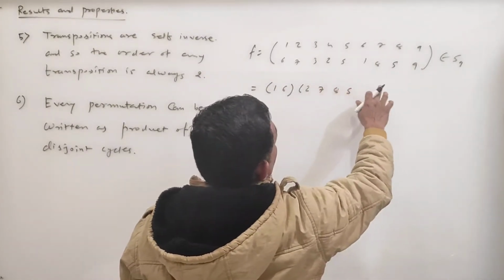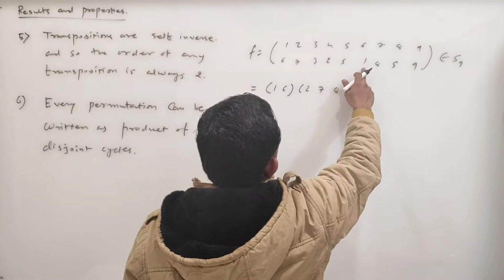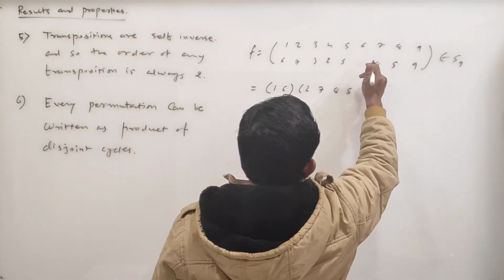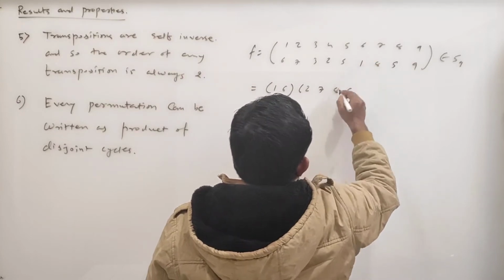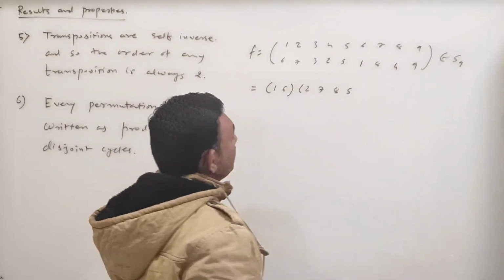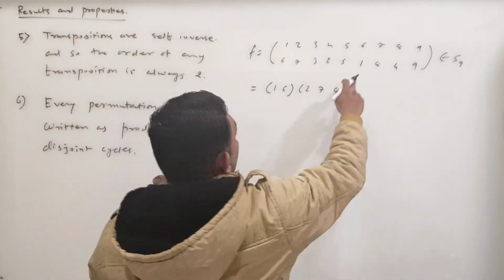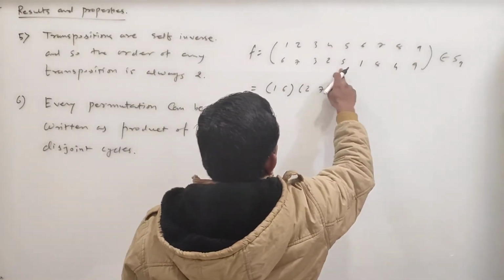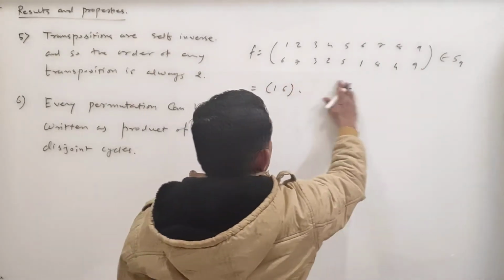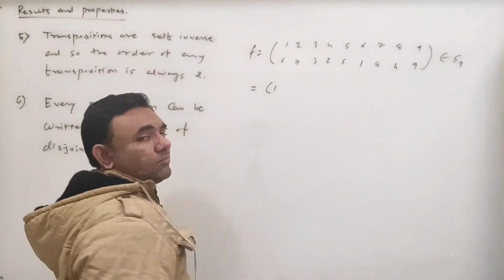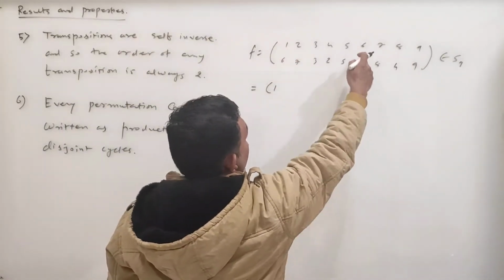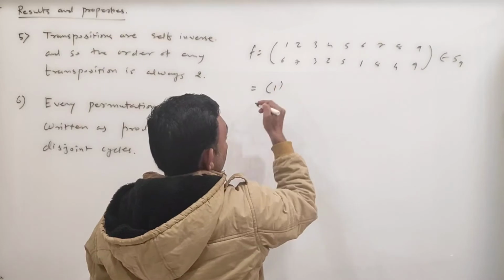So see, I have 9 objects, right? 4 is not there, so let me consider this is 4. 1 2 3 4 5 6 7 8 and 9. Fine. Okay, so now let us start from the beginning. 1 goes to 6, 6 goes to 1, so stop.